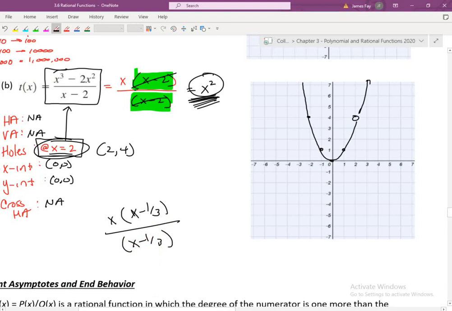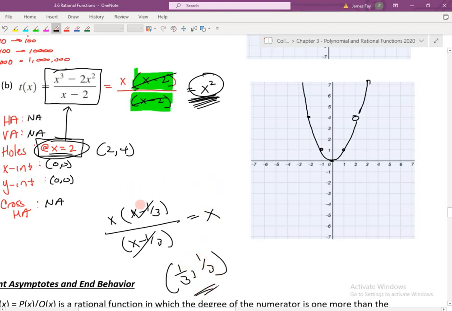Where's the hole going to be there? x is going to be 1/3. It's where these are zeros, right? So where the canceled term or the common factor is equal to 0, so 1/3. And what I'd be left with is just x, right? So when I plug that back in, I plug it into the reduced version, and I get back 1/3. So I'm going to have a hole there.